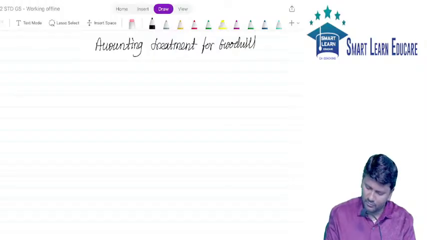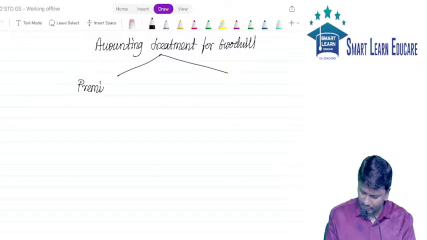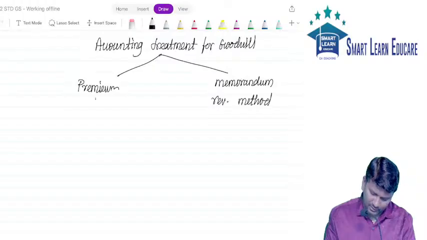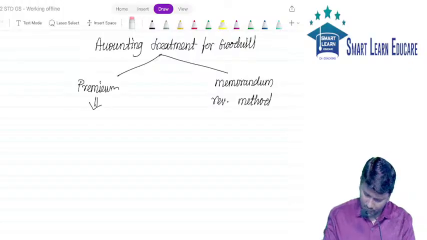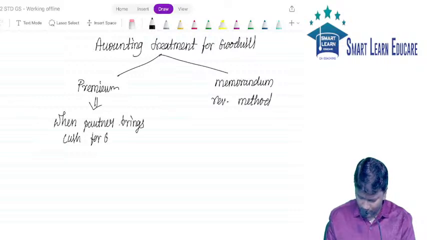Basically we have two methods for goodwill. One is called the premium method. Another one is called the memorandum revaluation method. In the premium method, we have two journal entries. We follow the premium method when the incoming partner brings cash for goodwill.